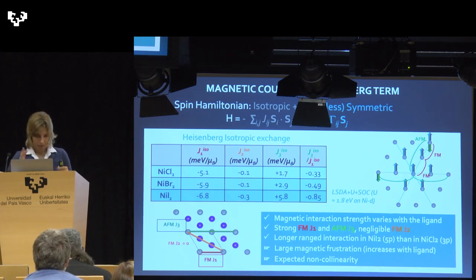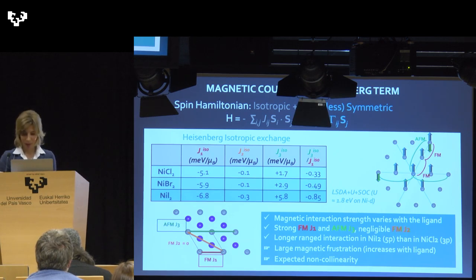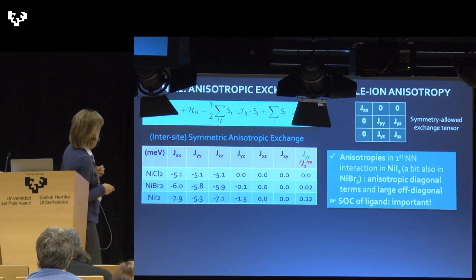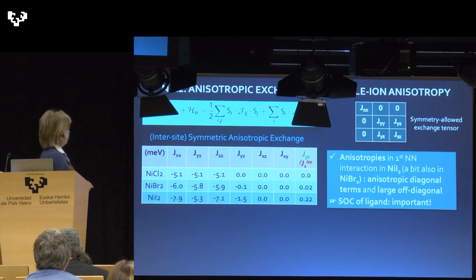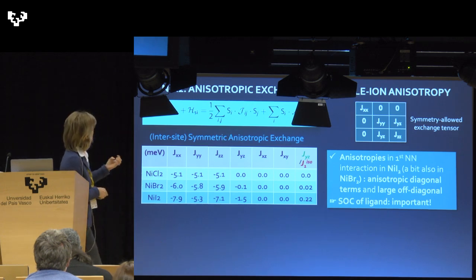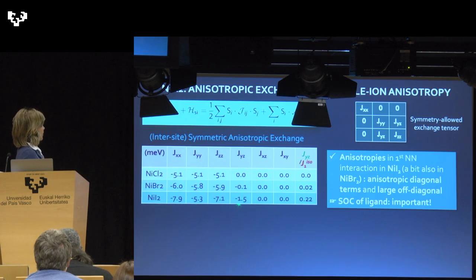And this wasn't known, but it was more standard. But what we didn't expect at all is the following: if you calculate the exchange in a tensor form, so if you calculate an isotropic exchange for iodide, then you get a very large one, like 20% of, even larger than J1, and very strongly, even the diagonal terms are quite different.